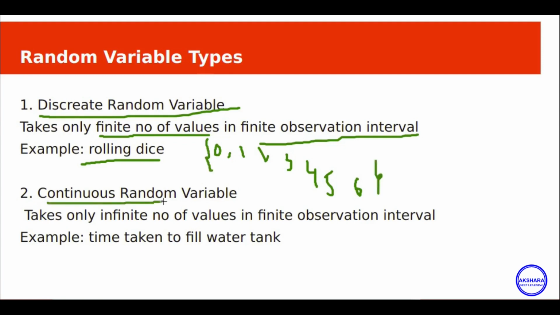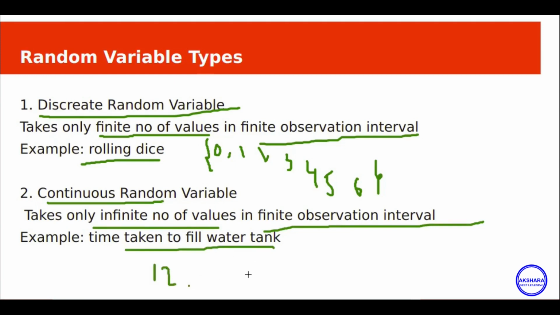Continuous random variable takes an infinite number of values in a finite observation interval. Suppose you measure the time taken to fill a water tank, if it is 12 minutes, if you do the same experiment next time, it might be 12.5 minutes. If you conduct one more time, it will give some other result. Means this random variable can accept an infinite number of values.